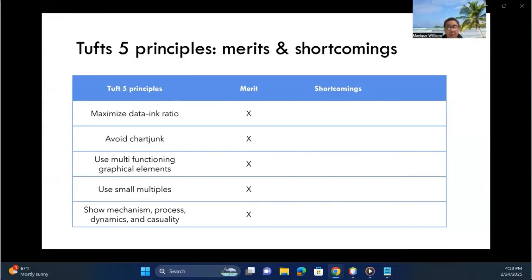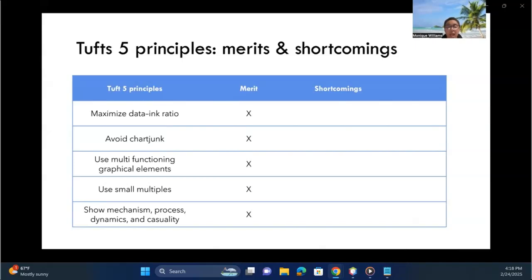All of their graphs, all of their visualizations, I felt made sense. I could read them myself without having to read details. I understood what they were saying without having to be explained. And so I felt like they did a very good job with their use of multifunctional graphical elements and small multiples.